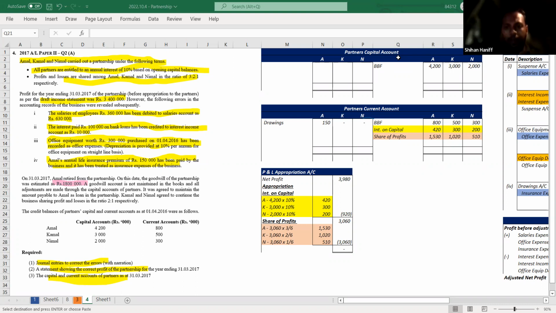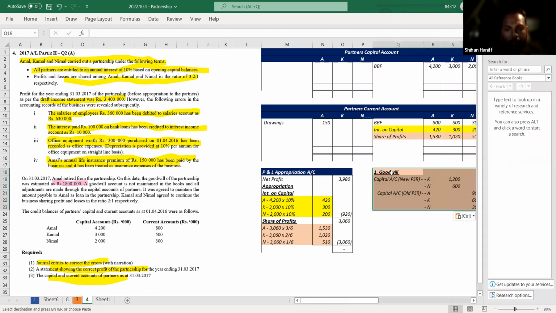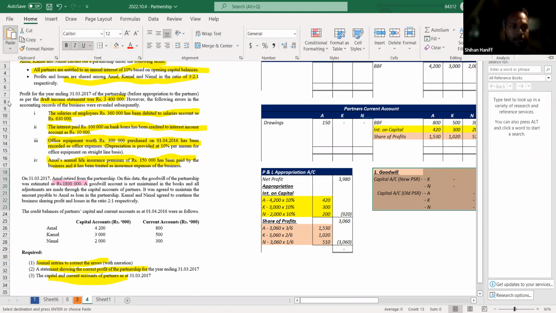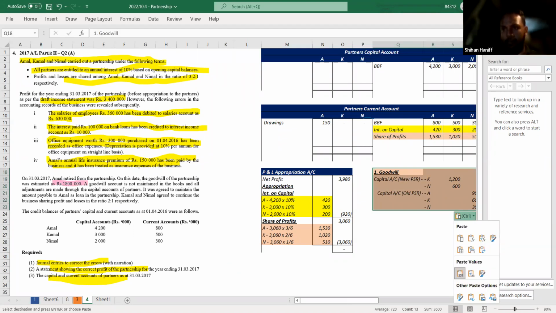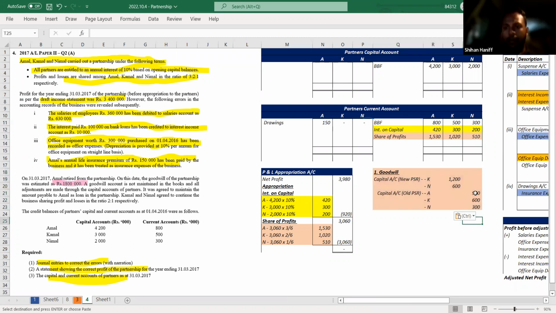Old ratio credit, new ratio debit. Old ratio is 3:2:1. So Amal, Kamal, Nimal, 900, 600, and 300 credit to the capital account.